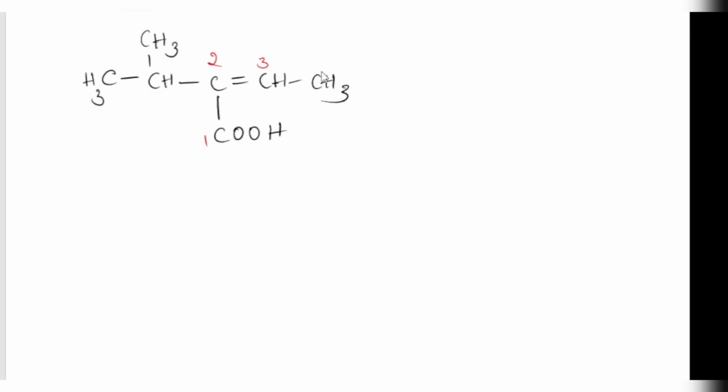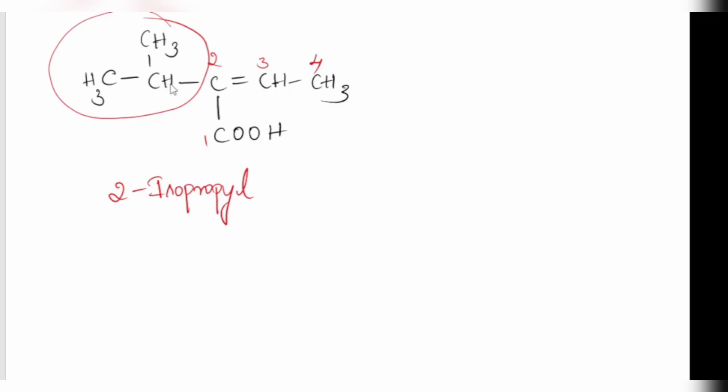That's why I will try to name it as 3, and here 4. Then what is this group called? This is isopropyl, correct? That's why I have to write 2 isopropyl.